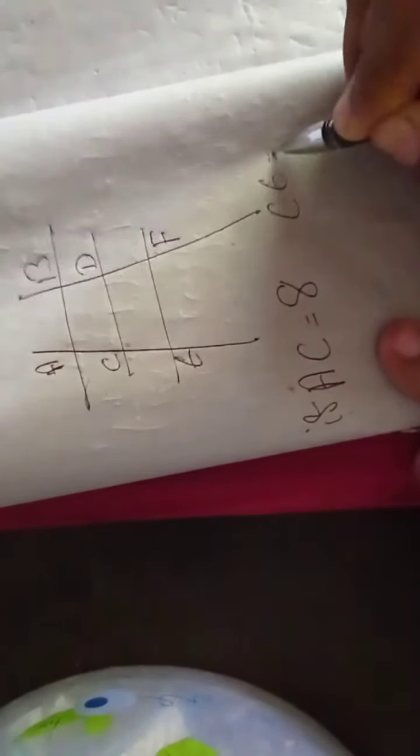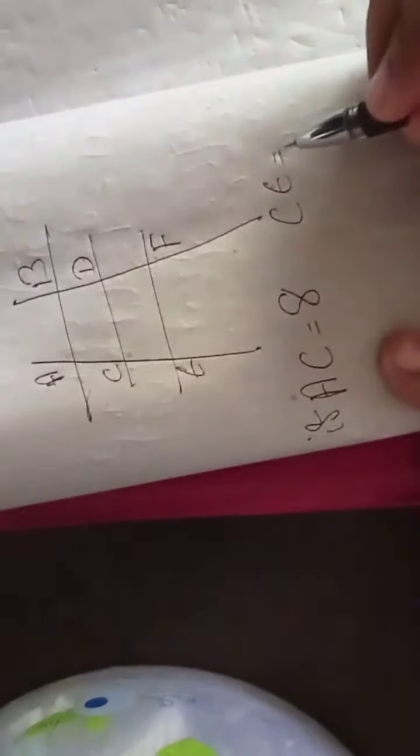If AC is equal to 8, what is CE? What is CE? Write CE and put a dash. Then my next question. If BD is equal to 6, what is DF? What is DF? Look at the question.